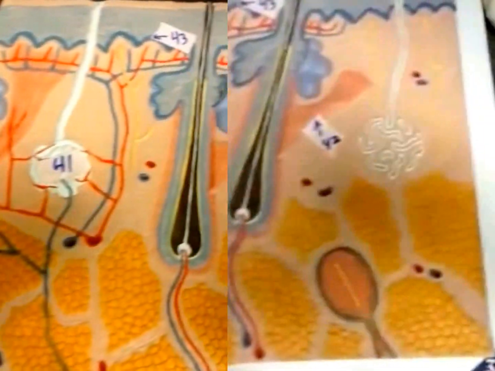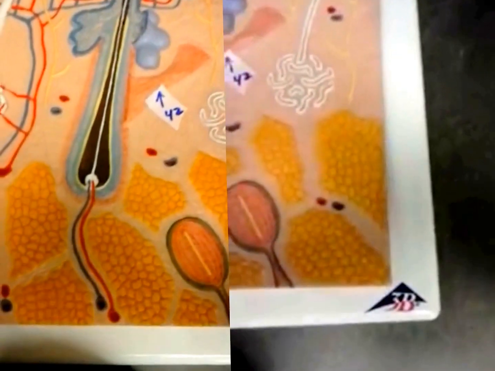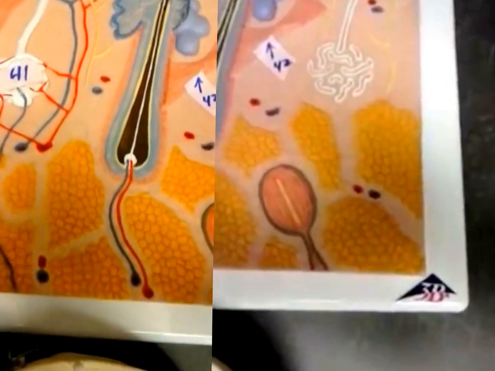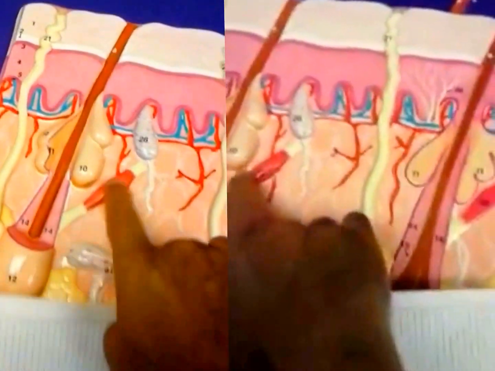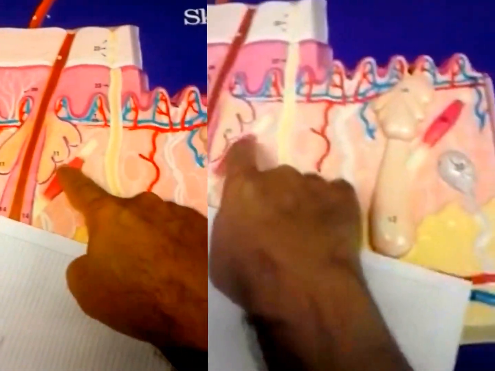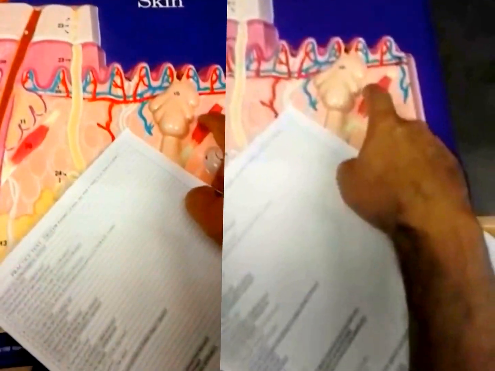42, piloerector muscle, or erector pili, or arrector pili, which would be this structure here, here, or here.